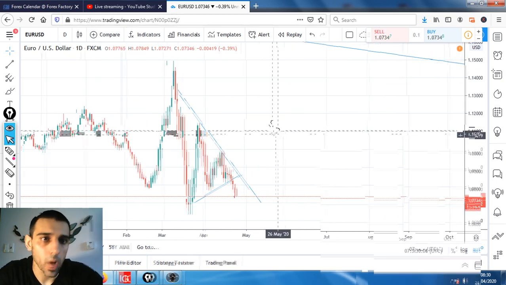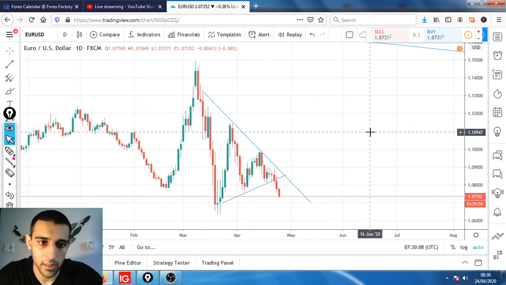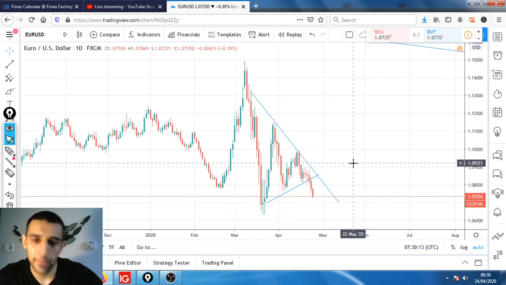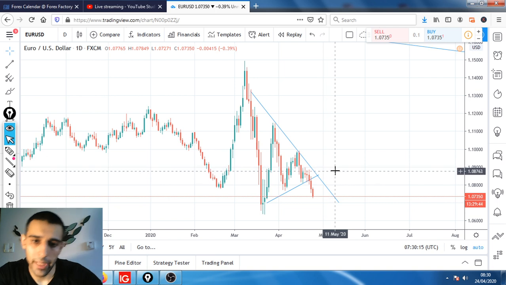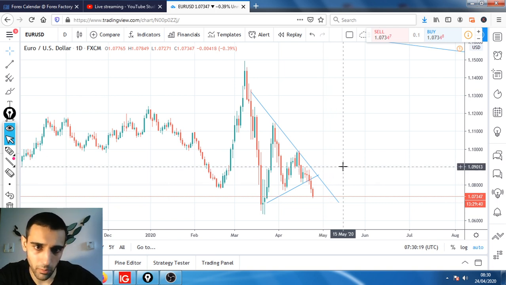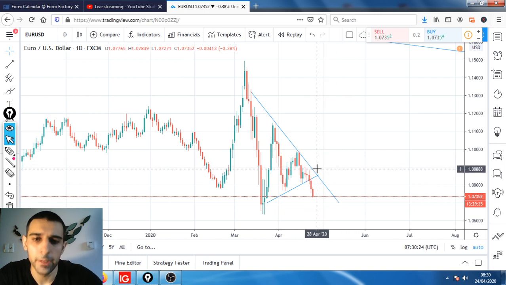The reason why I also want to go to this EURUSD is that I remember I analyzed it yesterday, and I called the trade. I can't remember what the entry on that trade was. It was somewhere here, I believe.